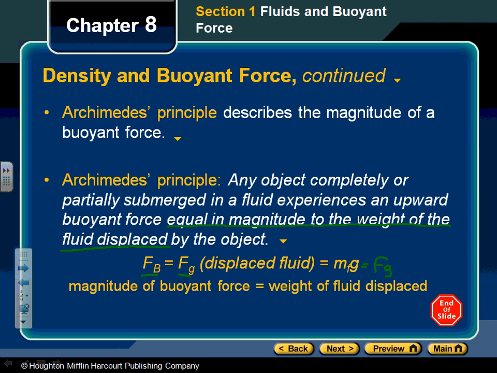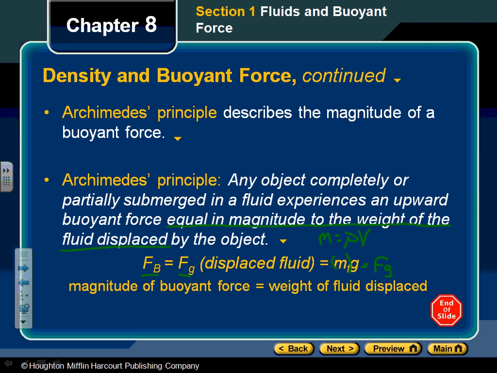It's important to remember that this mf here, you can solve for mass based off of our density equation, using that object's density, that same amount.